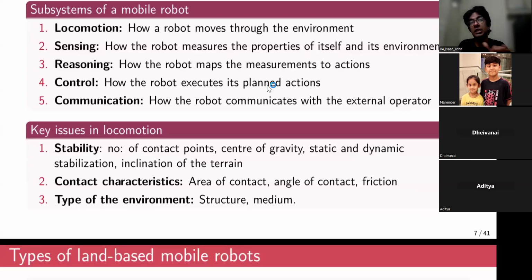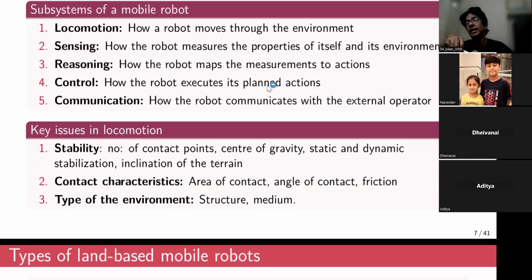And then the type of environment is also a huge factor. Whether the environment is engineered, like the interior of a building with tiles and very smooth surfaces, or if it is required to operate outdoors. For example, you might have known about the Mars rovers, the rovers that we have sent to Mars. The surfaces and the environment are extremely harsh, extremely hostile.